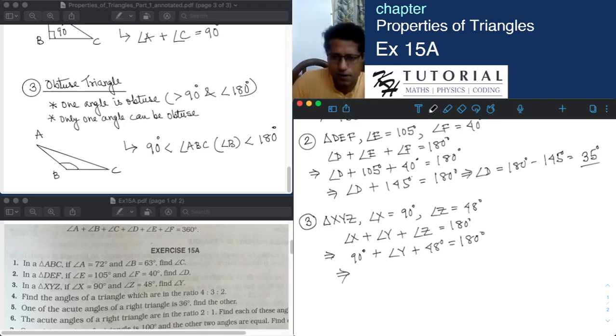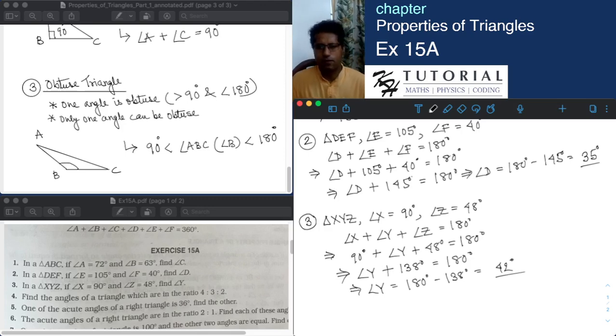Now this implies angle Y plus 90 plus 48, which is 138 degrees, equals 180 degrees. Now this implies angle Y is equal to 180 degrees minus 138 degrees, which is equal to 42 degrees. So angle Y is 42 degrees.